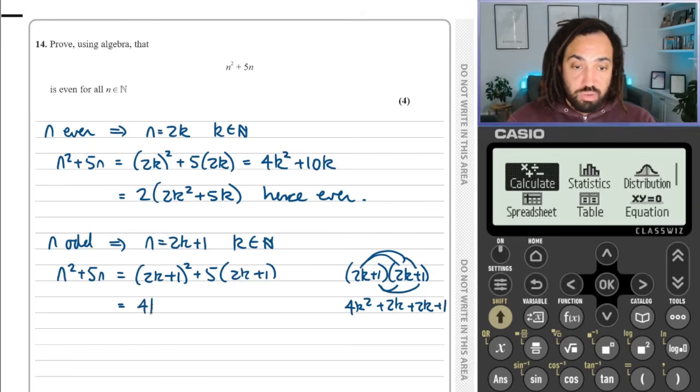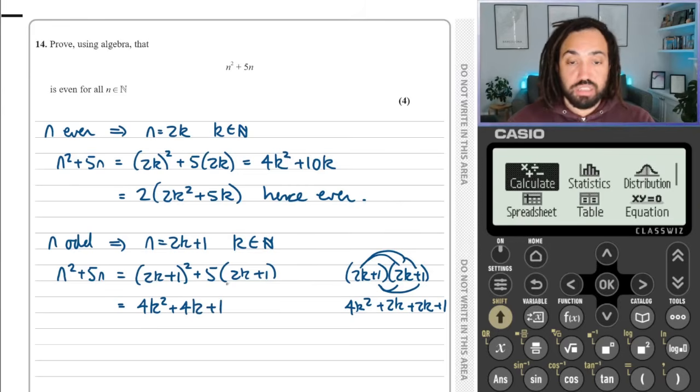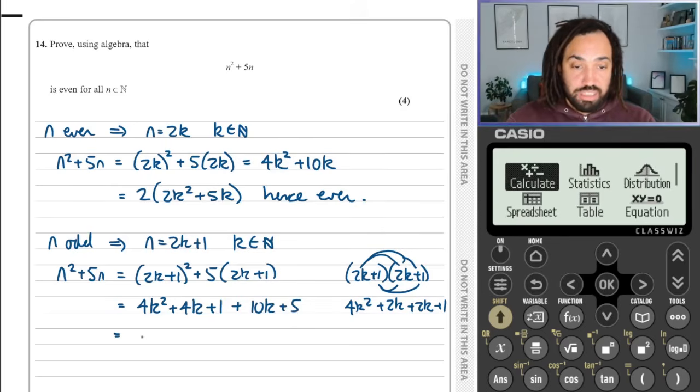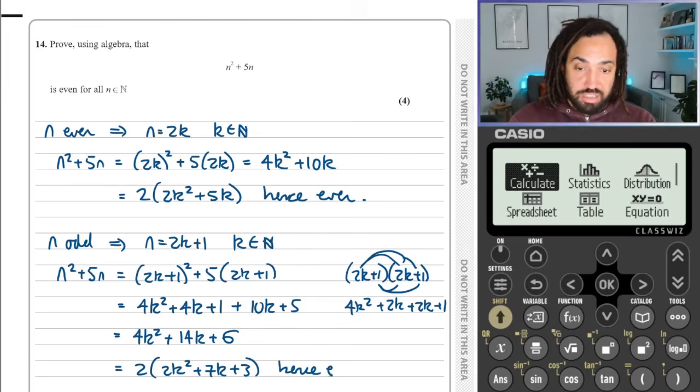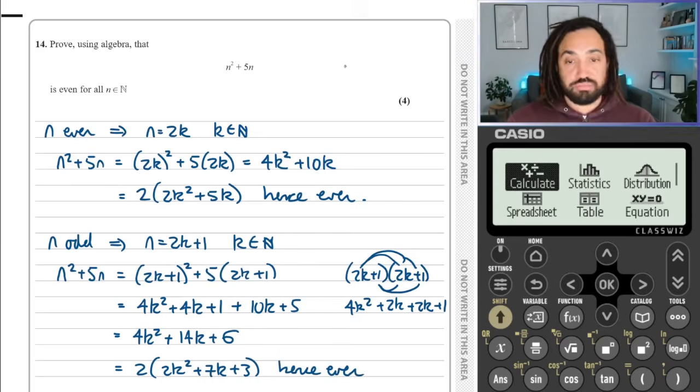So this will be 4k squared plus 4k plus 1, and then expanding this bracket is going to give us 10k plus 5. Collect up like terms to get 14k plus 6, and then we can write that as, again, having a factor of 2 by just taking out a factor of 2, and then we can say hence even.